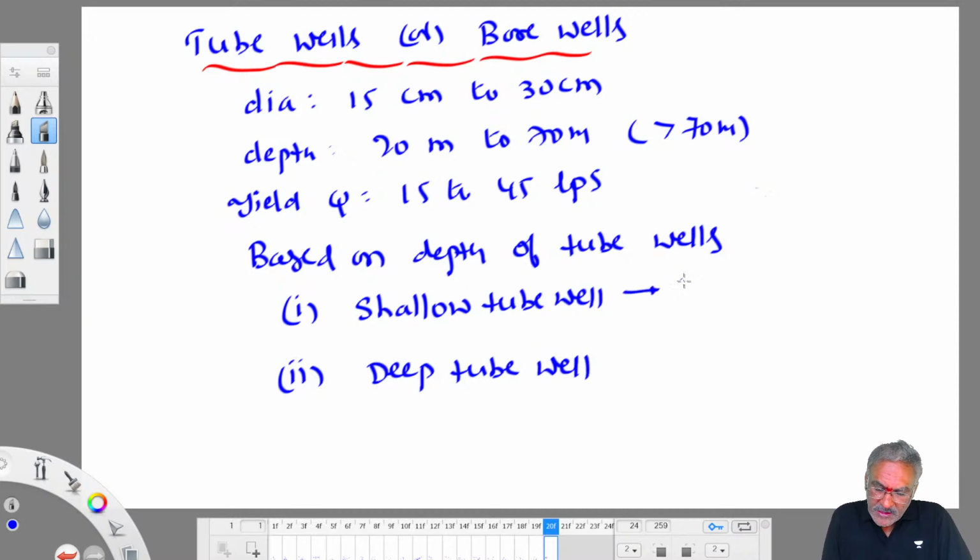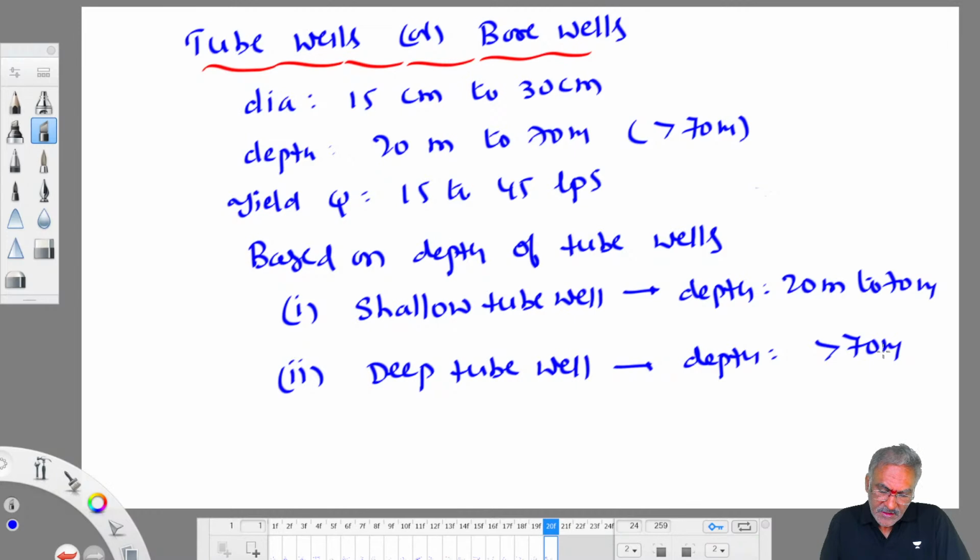For a shallow tube well, the depth is limited to 20 meters to 70 meters, whereas for a deep tube well the depth is more than 70 meters. Okay, this is purely based on depth.